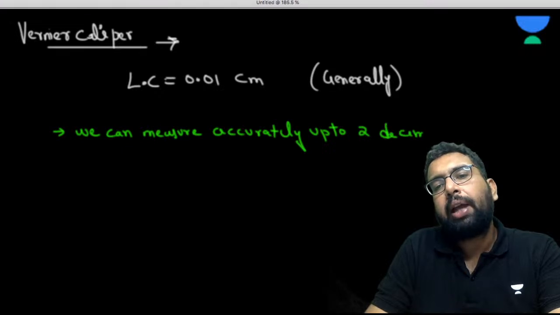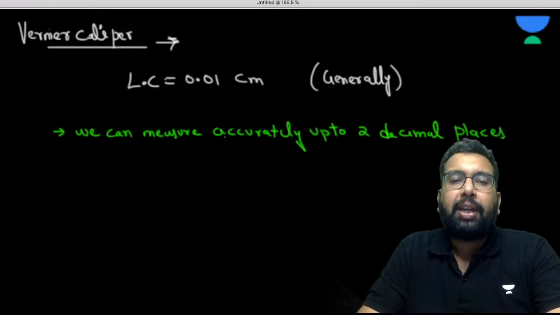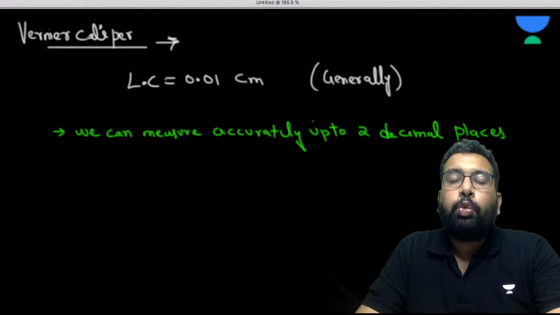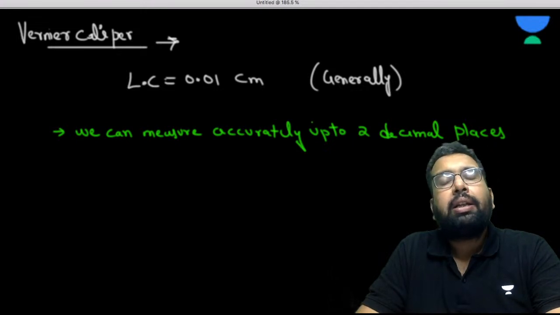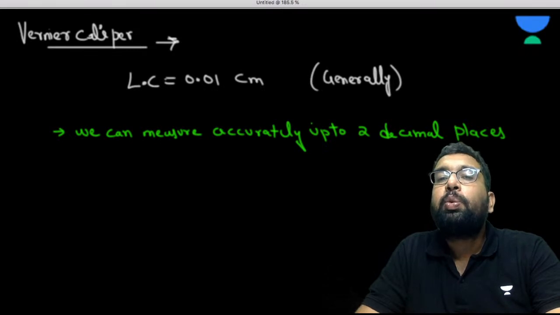Whatever the least count is tells you up to what decimal places you can make an accurate measurement.